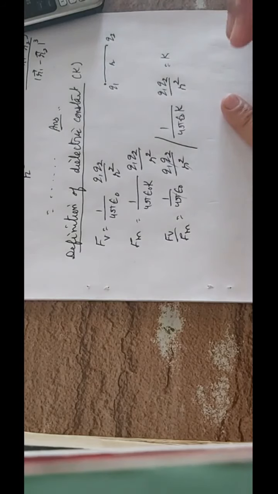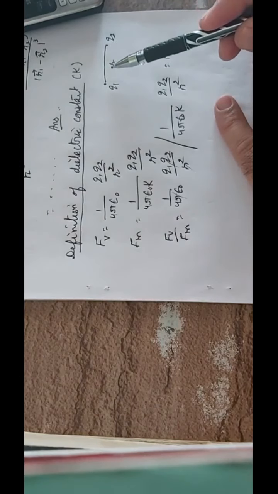I am repeating the definition once again. Dielectric constant of a medium is defined as the ratio of force between the two charges separated by some distance placed in vacuum to the force between the same charges separated by the same distance placed in that medium.